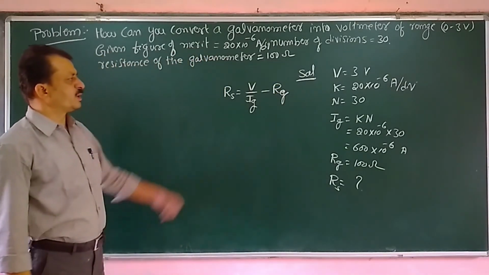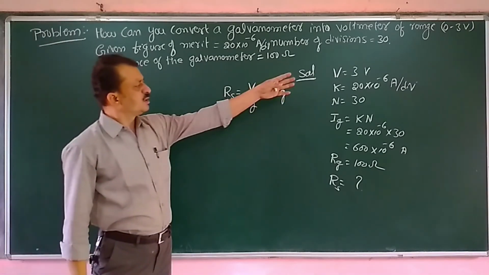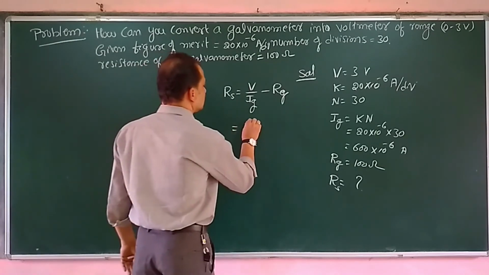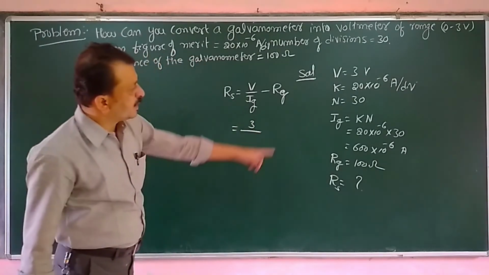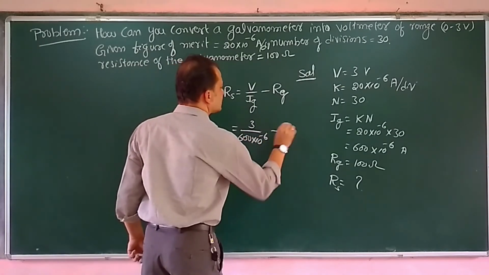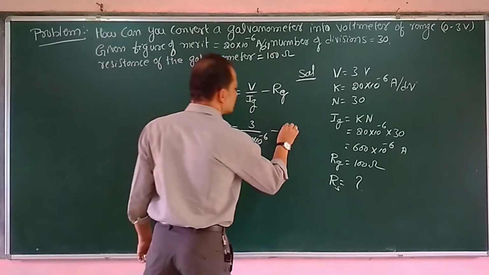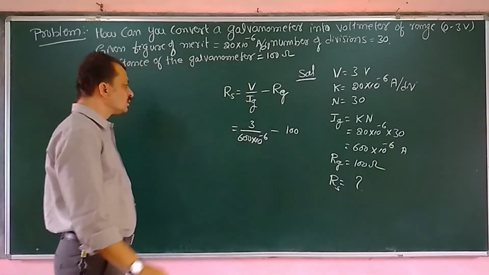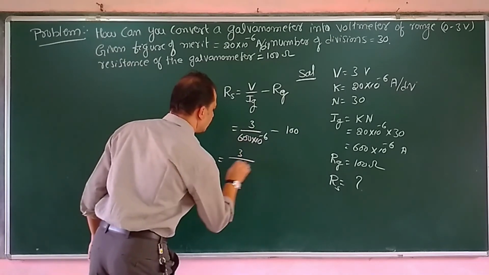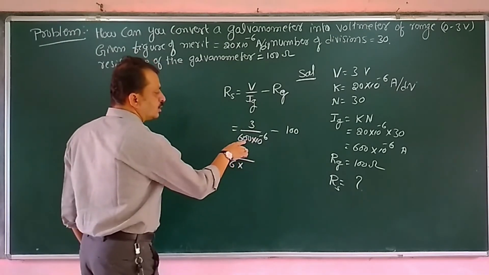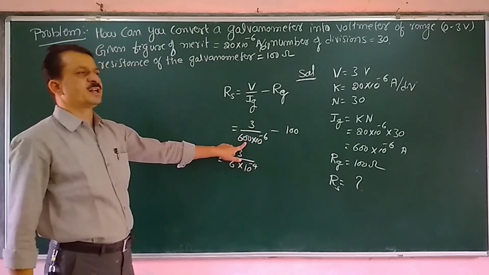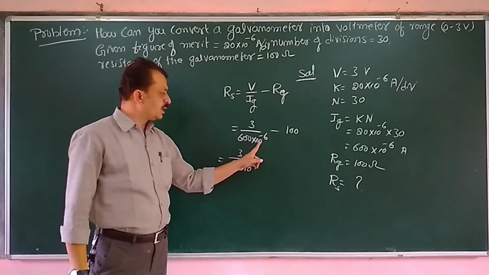By using this simple relation, we work out the high resistance to be connected in series. Now that is 3 divided by 600 into 10 to the power of minus 6, minus 100. I am simplifying this: 3 by 6 into 10 to the power of minus 4, because 600 can be written as 6 into 10 to the power of plus 2 and 10 to the power of minus 6.